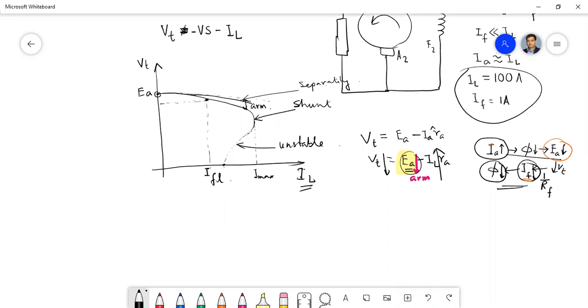So here it is the full load or rated current. Sir, is it practically possible to operate a DC machine at greater than full load current?